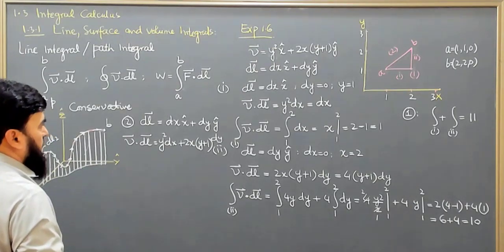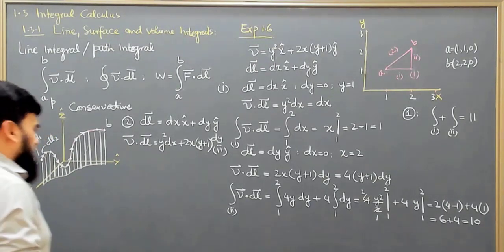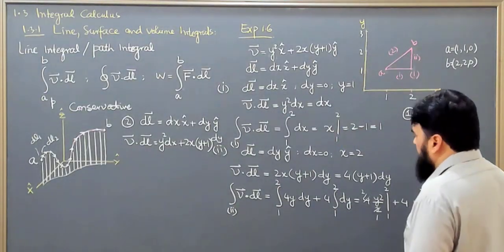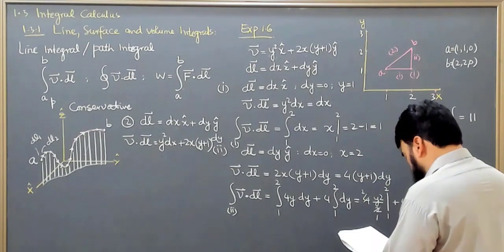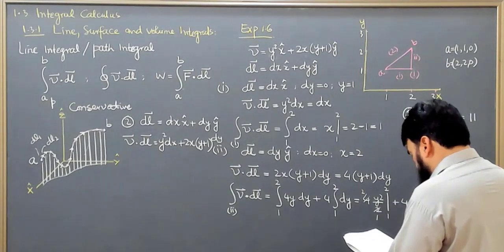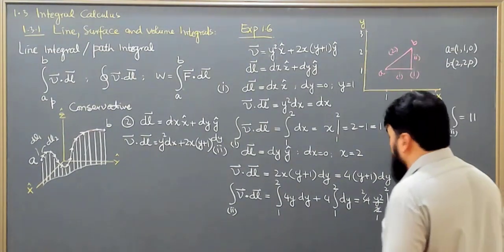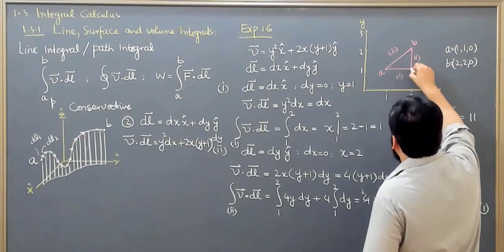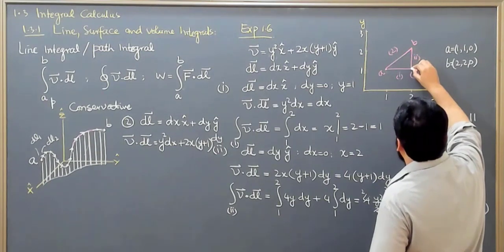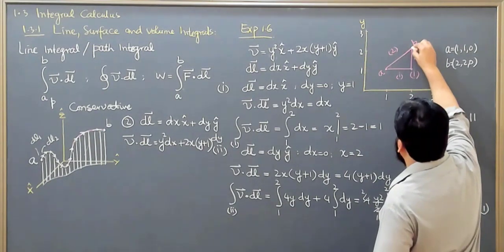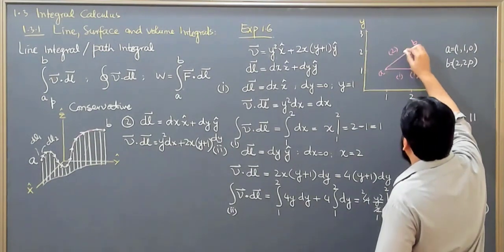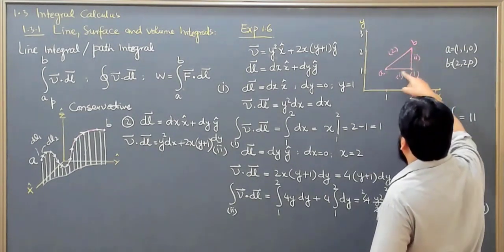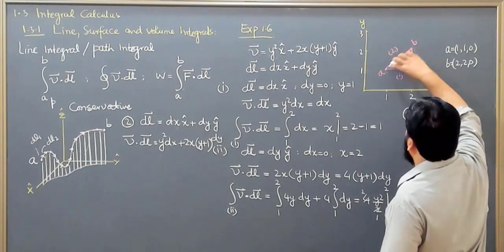Now we can change to one variable. To do that I will check that x is going from 1 to 2 and y is also going from 1 to 2. It means along this line x and y are the same, both varying from 1 to 2.